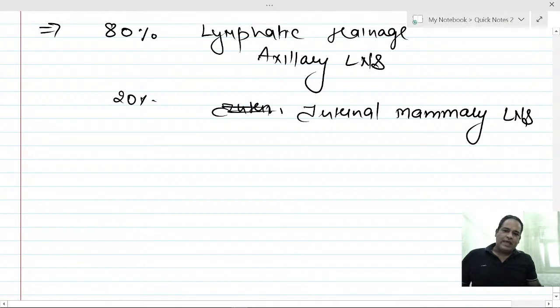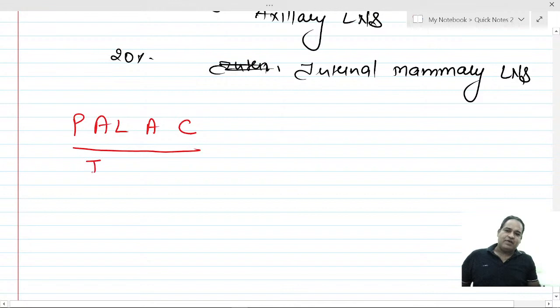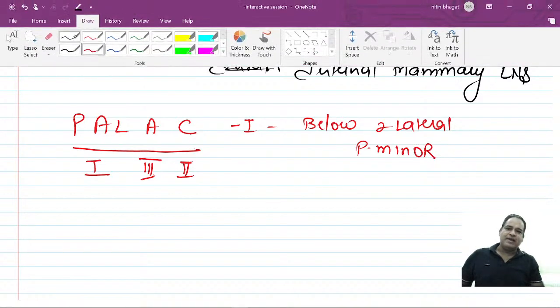Now, axillary lymph nodes are divided, given by the mnemonic Palak. Level 1, level 2, level 3. Level 1 are the lymph nodes which are below and lateral to the pectoralis minor muscle.